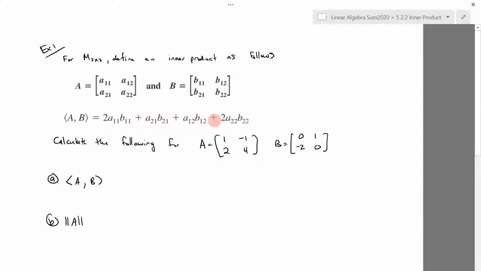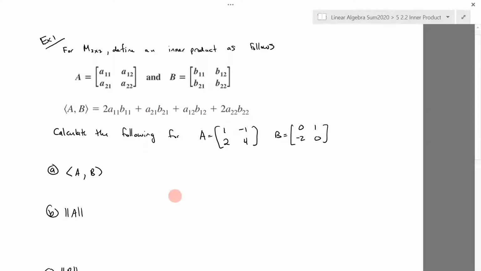These coefficients are called weights, and by changing the coefficients in this way, you can change the geometry of the vector space. So when you think of something like a 30-degree angle, it's not the same as the normal way you think of a 30-degree angle.